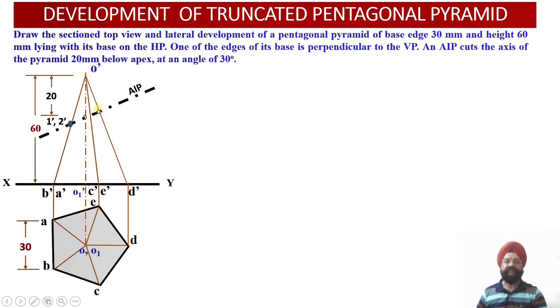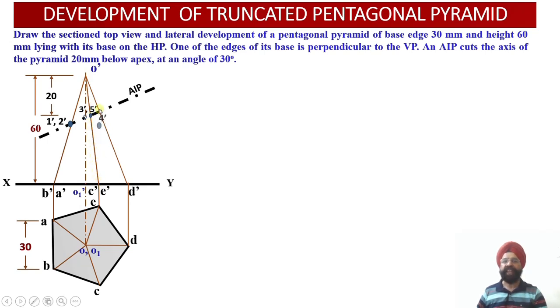Then the next ones, the points of intersection of the slant generators O dash C dash and O dash E dash with the cutting plane are 3 dash and 5 dash. So 3 dash lies on the O dash C dash generator, and 5 dash is the point of intersection of the cutting plane with the generator O dash E dash.